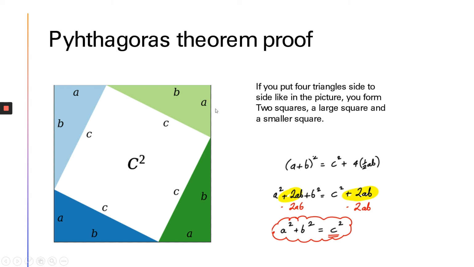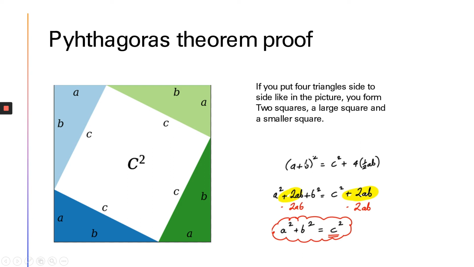The area of a triangle is half times base times height, so the area of one triangle is half times a times b. So that's four lots of half times a times b. There you go: a plus b squared equals c squared plus four lots of half ab.